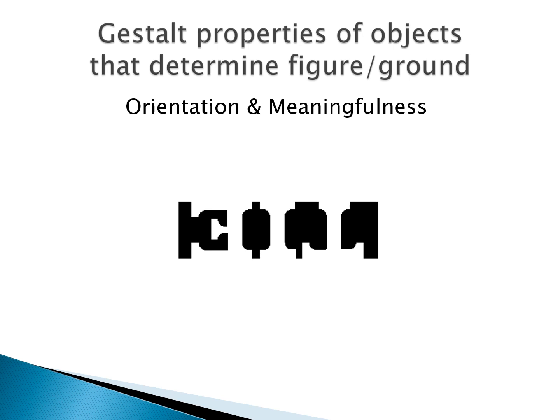This is one of my favorite ones that tells us the effects of orientation and meaningfulness together. What do you see in this picture? And then what is the background? Sometimes it pops out at you, but most of us take those little black things as the figure, and we see them as, I've had them called Lego men, and I've had them called different things, and people come up with different ideas of what they might be.